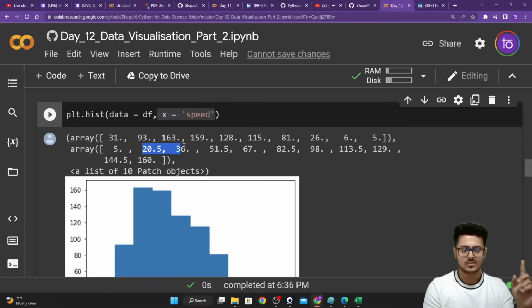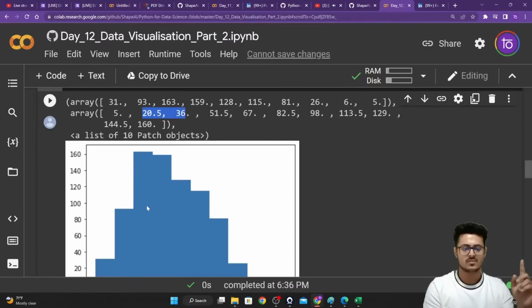Then 20.5 to 36, that is the second batch itself. Then you are having 36 to 51.5, then 51.5 to 67, then 67 to 82.5, then 82.5 to 98, then 98 to 103.5, then from 103.5 to 129, then from 129 to 144.5, and then the last one is 144.5 to 160.